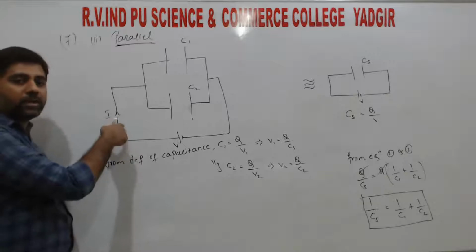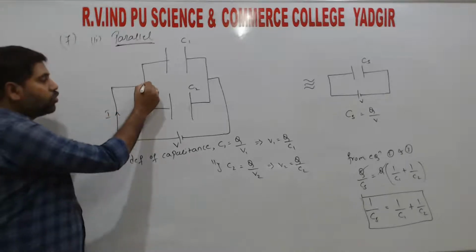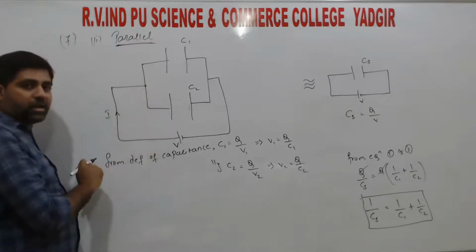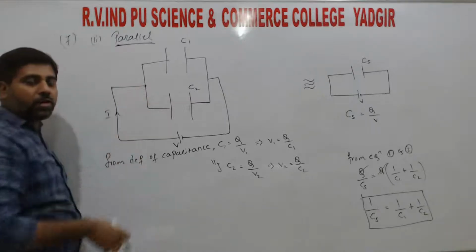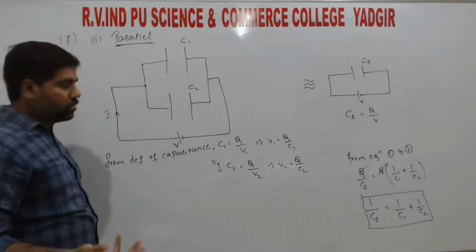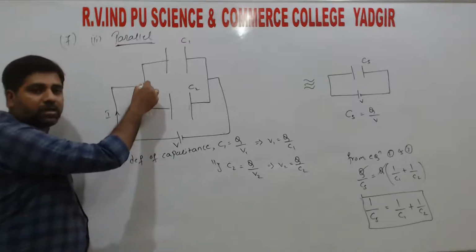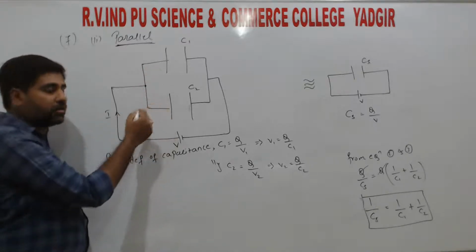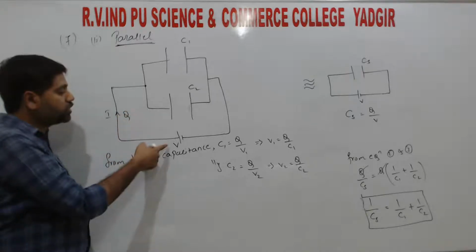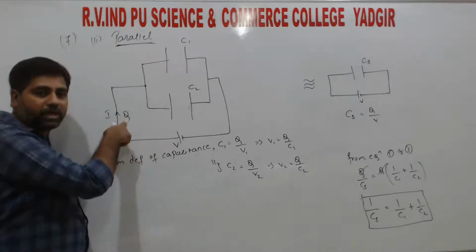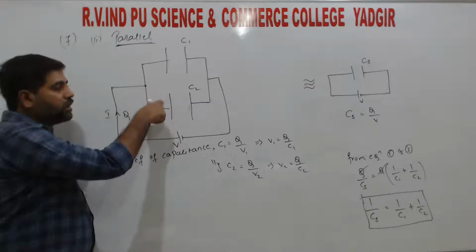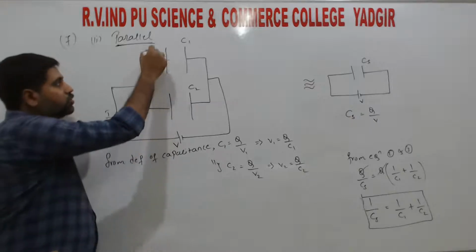Current flows means the charges are flowing. At this junction the current divides. Again from the Kirchhoff junction rule, the current divides at the junction. When the current divides, automatically the charges are dividing, right? The total number of charges flowing in the circuit, if that is Q, is divided into two branches.